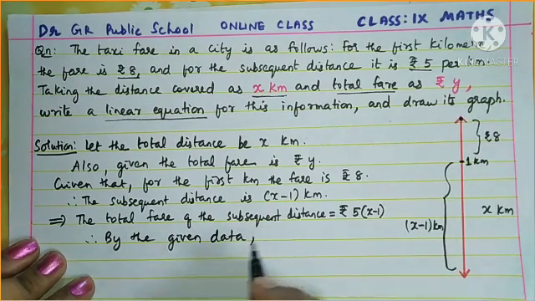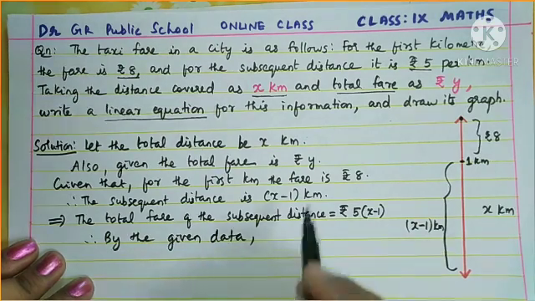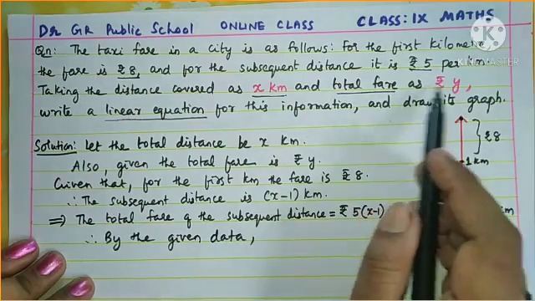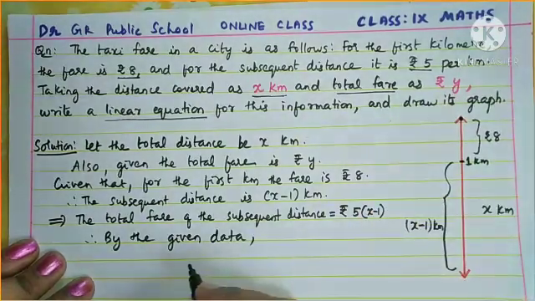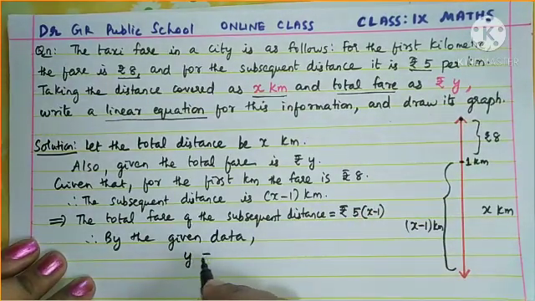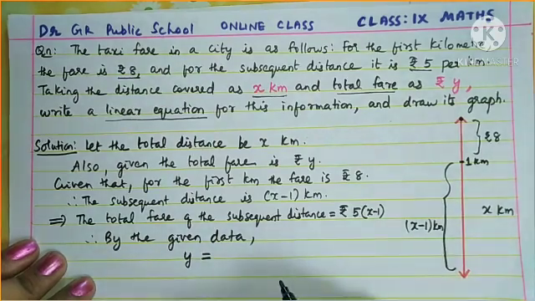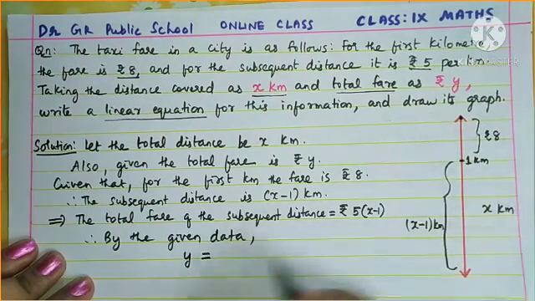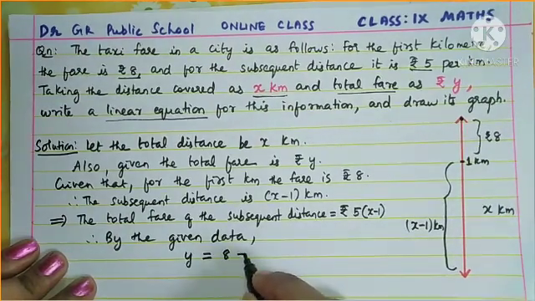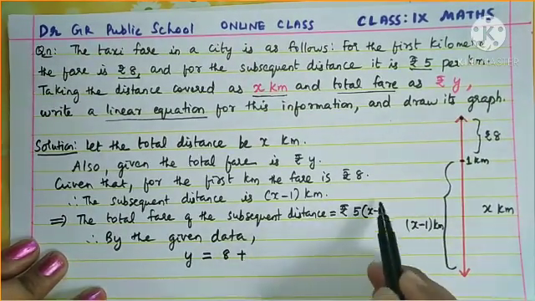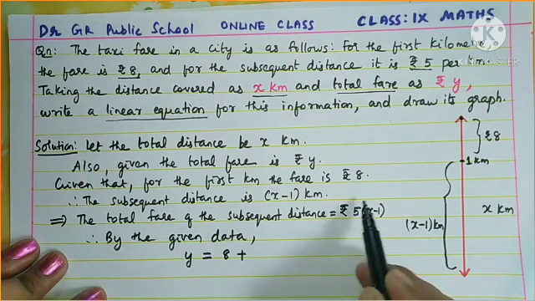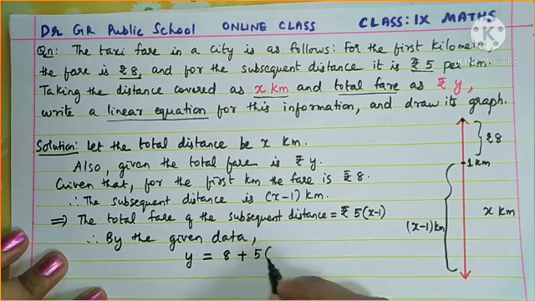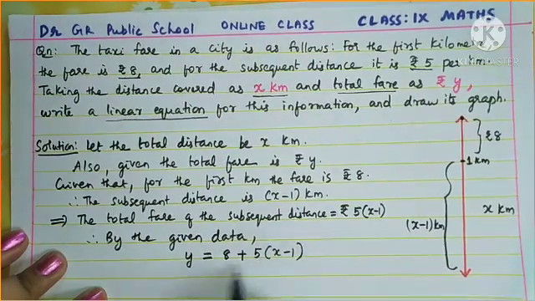Yes, by adding all the rupees, we get the total fare. So what is the total fare given here? y rupees. So this total fare y equals, how are we paying the total fare? For the first kilometer we paid 8 rupees. So 8 plus, for the remaining kilometers we paid 5 rupees for each kilometer, so 5 into x minus 1. This is the linear equation.